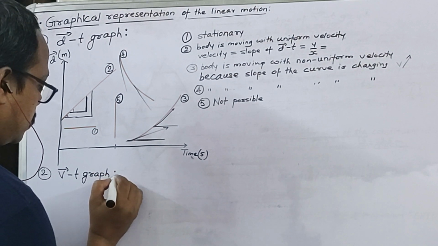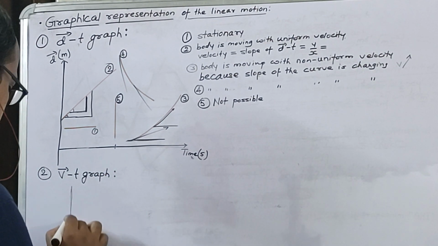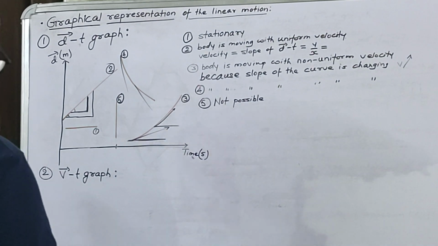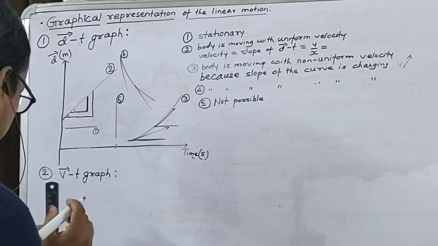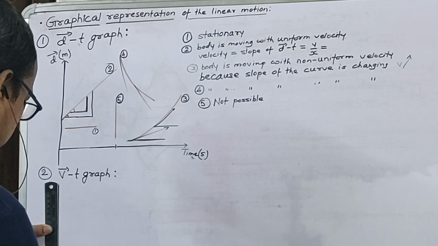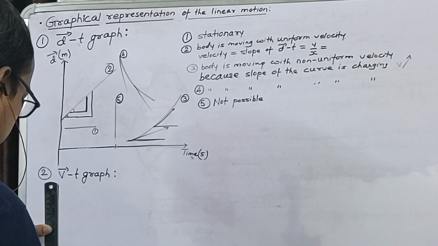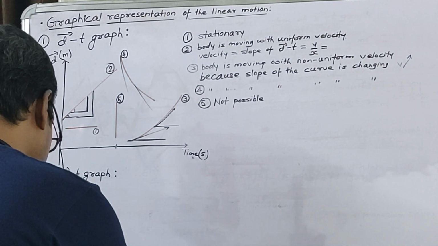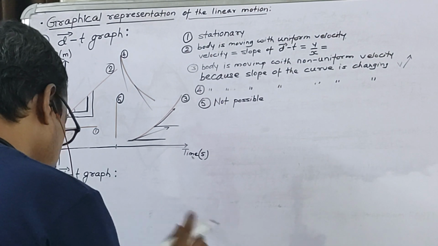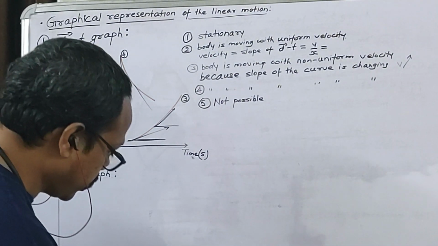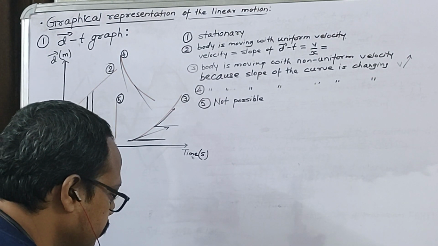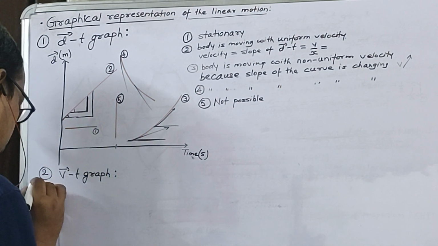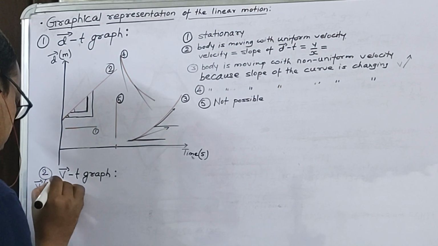How does it look? This is time, and again we should indicate it in seconds, and this is velocity, which represents velocity in meter per second.